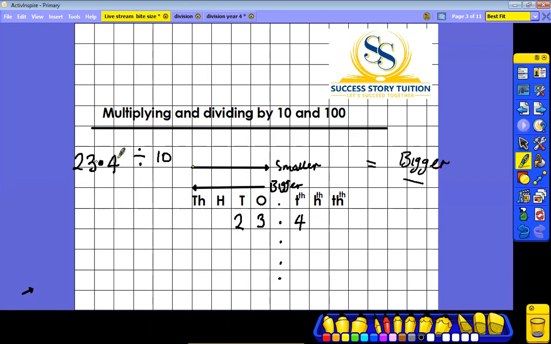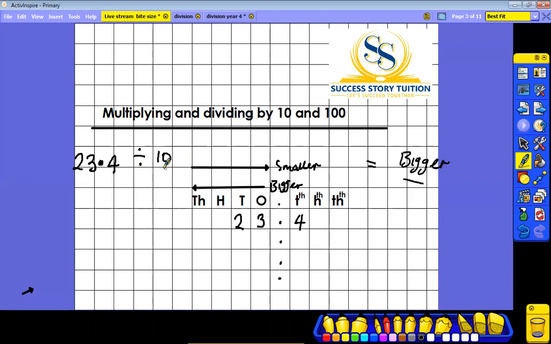Remember, when you divide numbers, your answer gets smaller. Let's have a look at our place value grid. Ones, tens, hundreds, thousand. So moving towards the left is getting bigger. But hold on, 1,000, 100, tens, and ones. Moving towards the right is getting smaller. So that means if we're dividing, we're getting smaller and we're going to be moving towards the right.